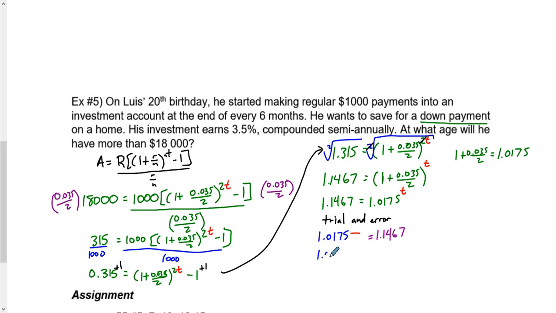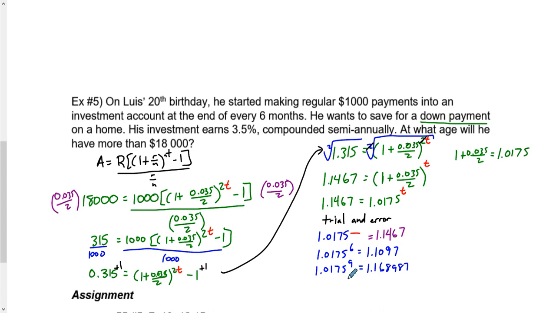For example, if we did 1.0175 to the power of 6, we only get 1.1097. Not quite close enough. But if we do 1.0175 to the power of 9, we get 1.168987, and now that's too high.